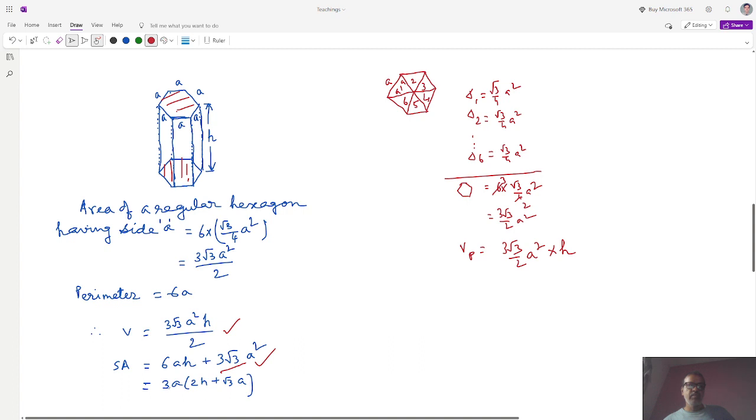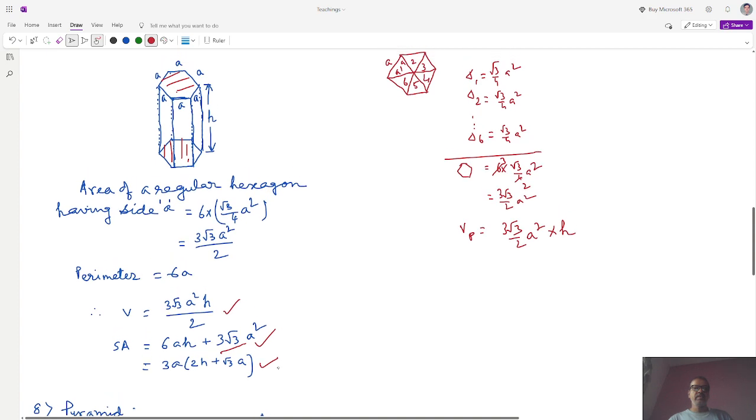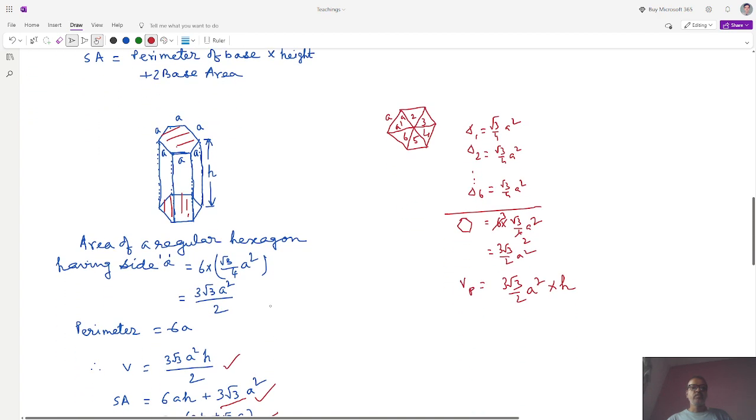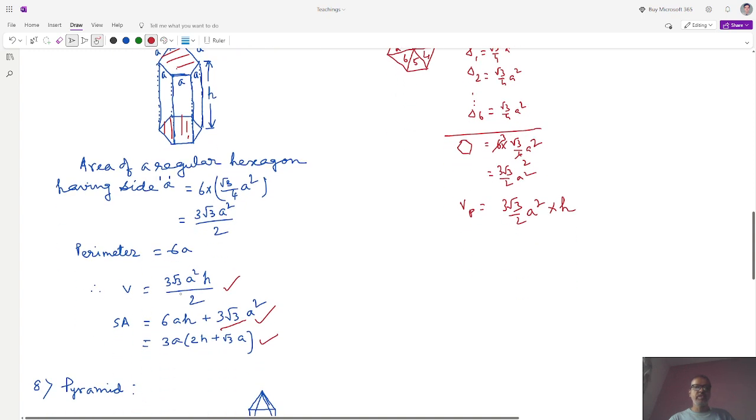If we take common 3a from these two terms, then we will get 3a into 2h plus root 3 a. It is also very easy to remember all these cases. You have to draw the figure first and understand the base area and height. Then slowly you will be able to write these formulas easily without memorizing them.